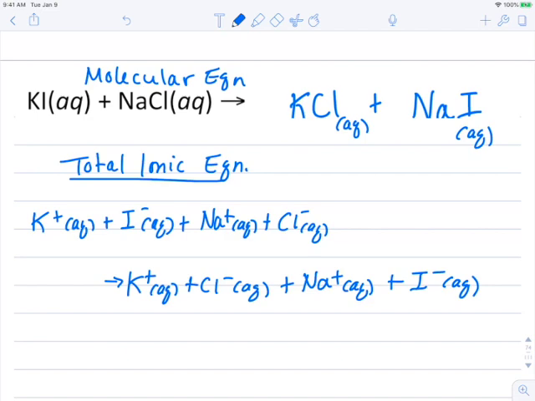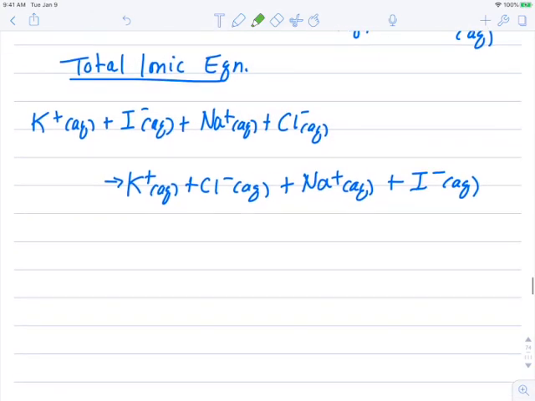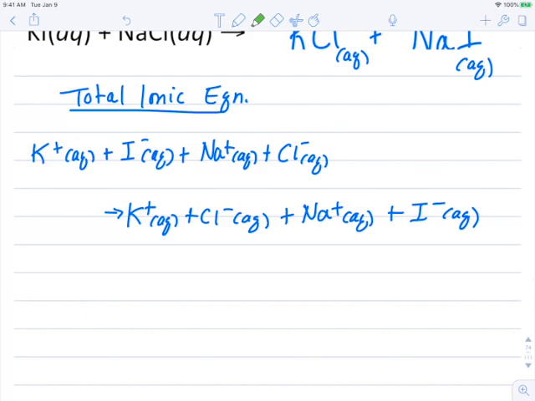Okay, so I broke everything up because they're soluble ionic compounds, which makes them strong electrolytes. Now I am going to go through and cross out everything I see on the left and again on the right. So there goes potassium, iodide, sodium, and chloride. Everything is a spectator.